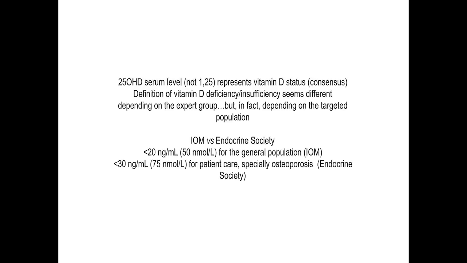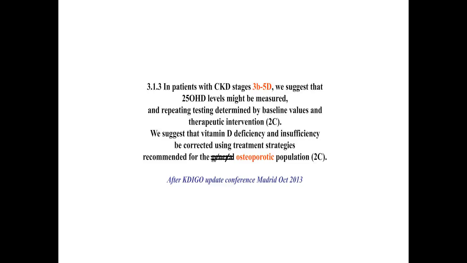So in general, I think most of the nephrology community would try to get at least above this 30 nanograms per ml value, and will try to institute various therapies to try to achieve that goal.